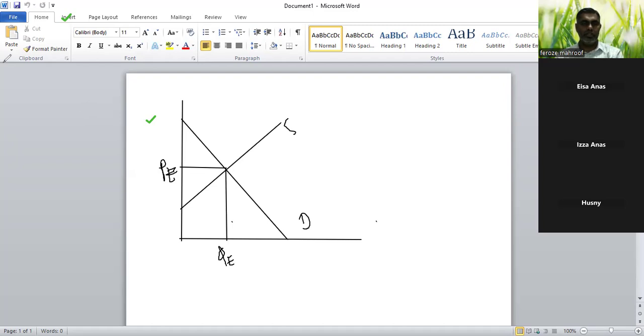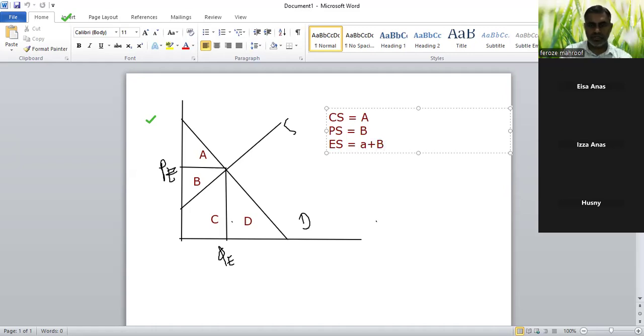Okay. So let's say A, B, C, D. In this, the consumer surplus area is A. Consumer surplus A. Producer surplus, that is B. Economic surplus is A plus B. Consumer expenditure, which area?